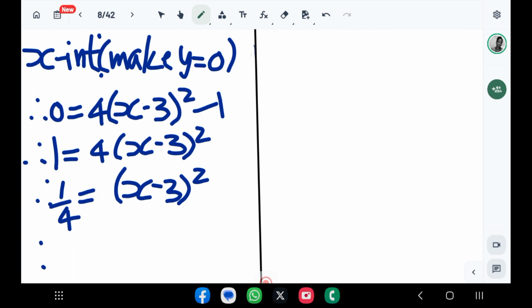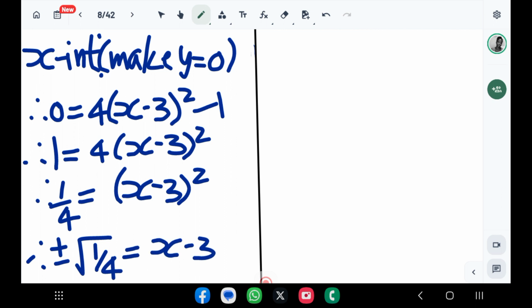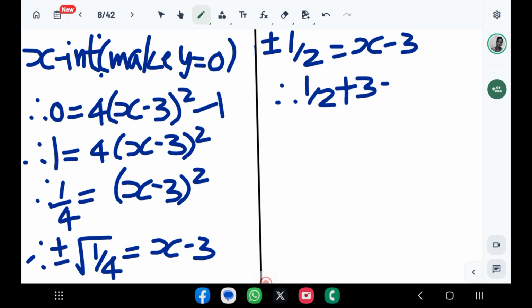Find the square root of both sides, therefore plus or minus square root of 1 over 4 is equal to x minus 3. Now the square root of 1 over 4 is 1 over 2, so that's plus or minus 1 over 2 equals x minus 3. Meaning that half plus 3 equals x, therefore 3.5 equals x.